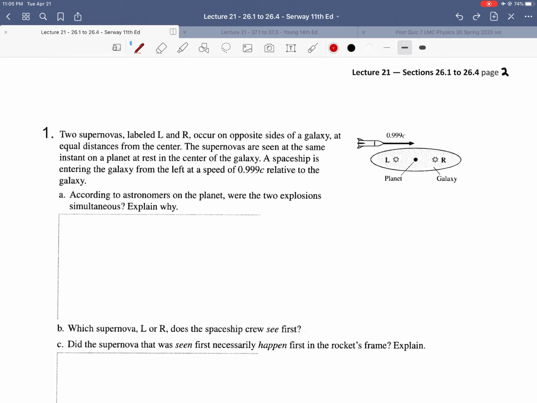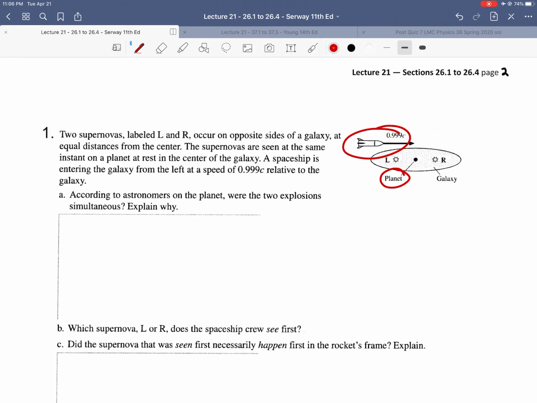So here's the situation. Supernovas, an example I've used before because I had this thought experiment on my mind, labeled L and R, L for the supernova on the left, R for the supernova on the right. They occur on opposite sides of a galaxy at equal distances from the center. The supernovas are seen at the same instant on a planet at rest in the center of the galaxy.